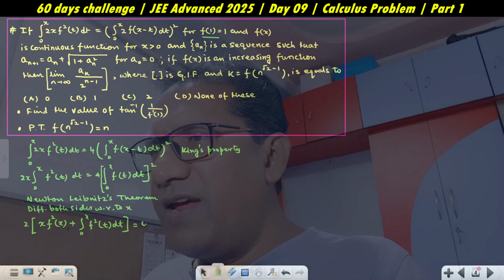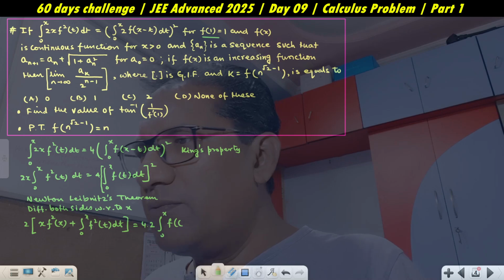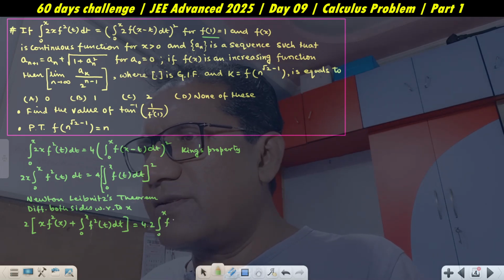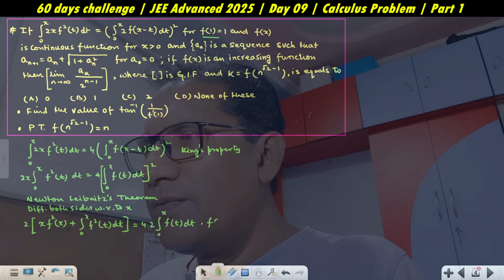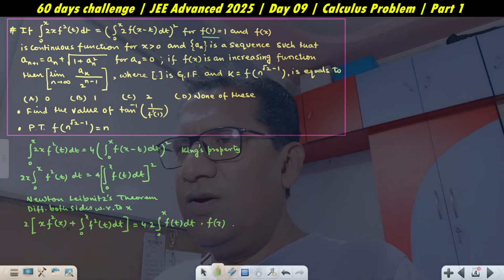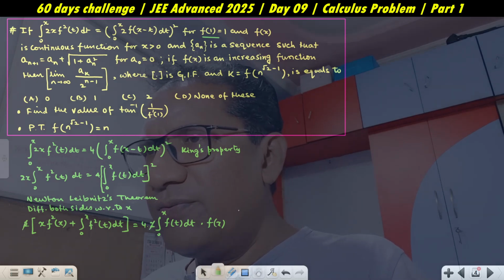And the right hand side we are getting 4 into 2 times the integral from 0 to x of f t dt into f of x. Okay, so this 2 and 2 goes off.